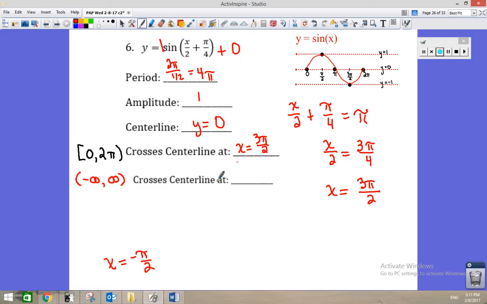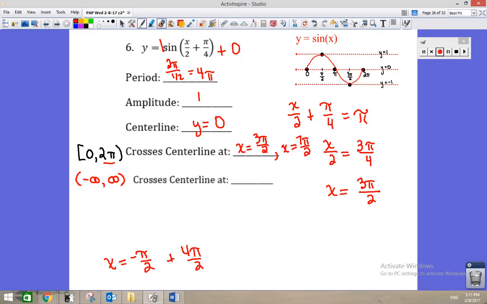And the jump from negative pi over 2 to 3 pi over 2 was 2 pi, right? Because if you add 2 pi to that, 4 minus 1 is 3. But if I add the next one, if I add 4 to this, 7 pi over 2, I've already gone past my 2 pi.